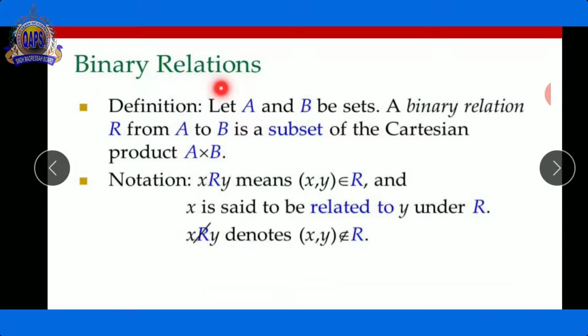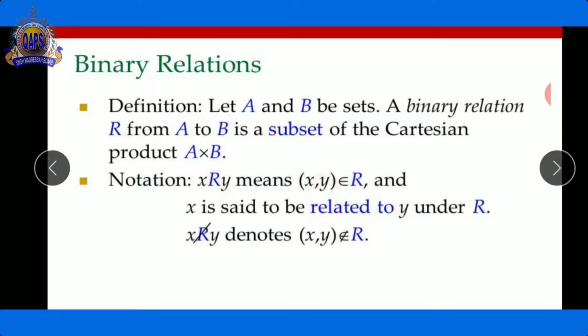Actually, binary relations are always defined in Cartesian products, so that's why we are writing this binary relation in the Cartesian product. So the notation: X related to Y means X is our input and Y our output.